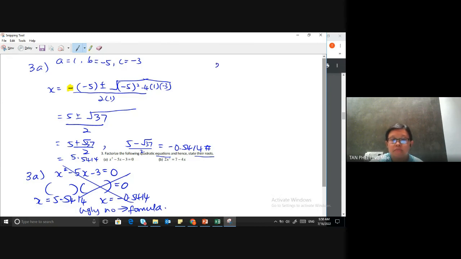3b should be the same now. 2x squared, I thought this is the one that we cannot solve just now. Your b square minus 4ac, you get 4 square minus 4 times 2 times negative 7, you got 72. This one should be able to solve.